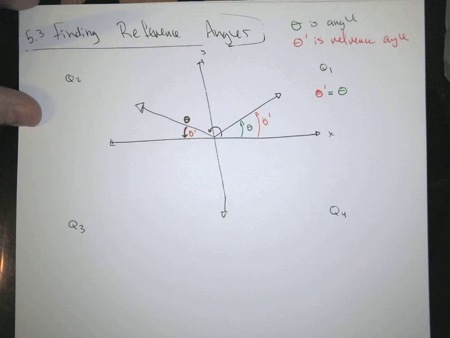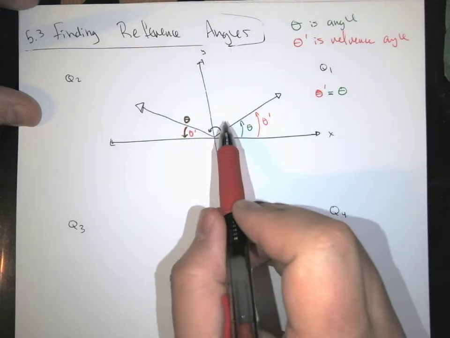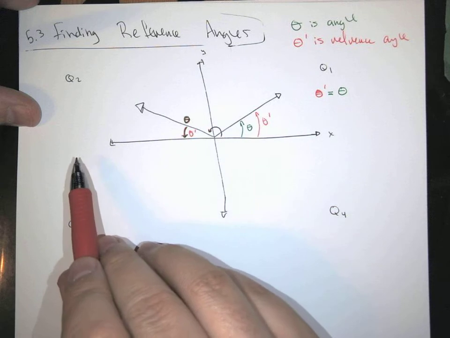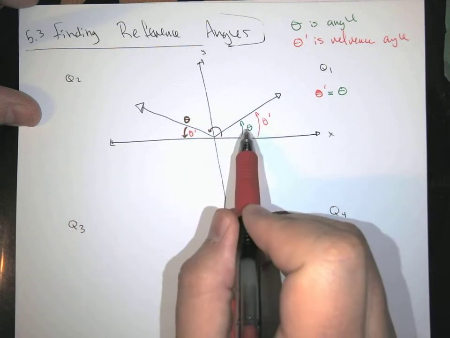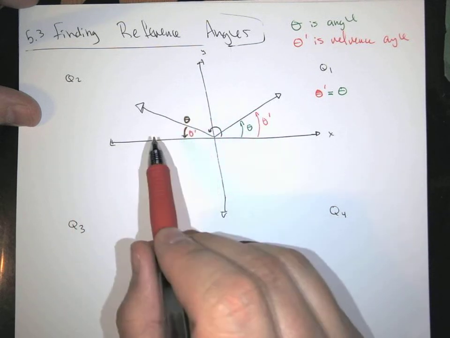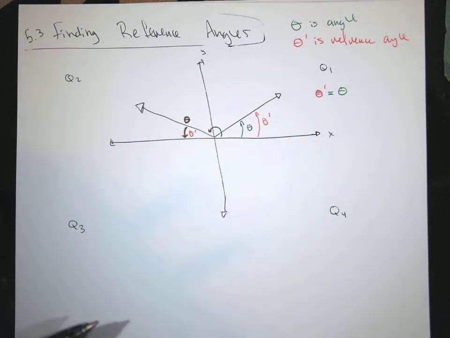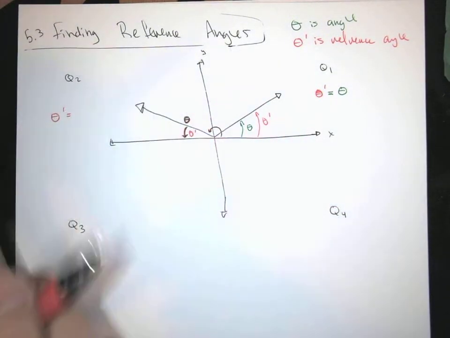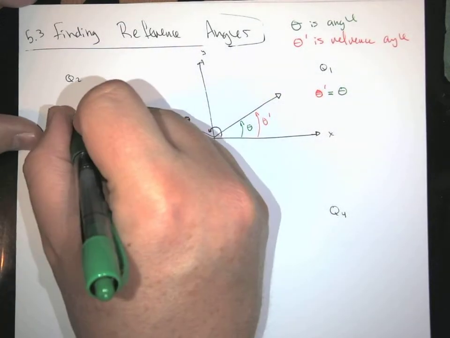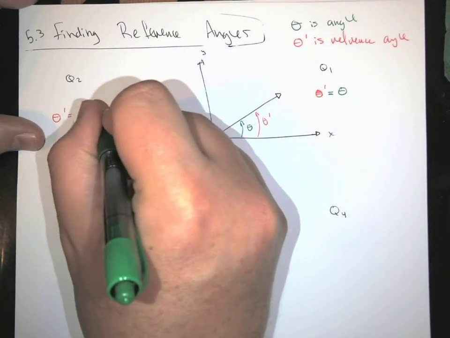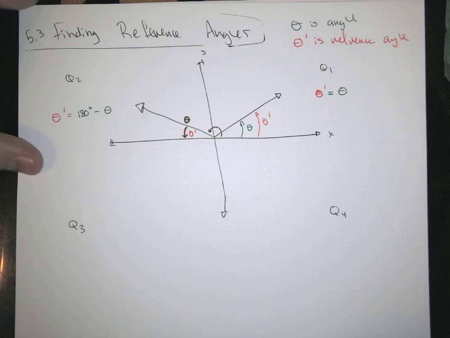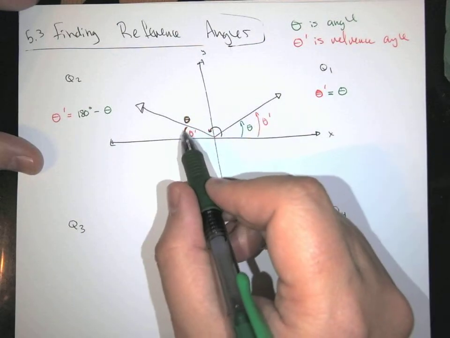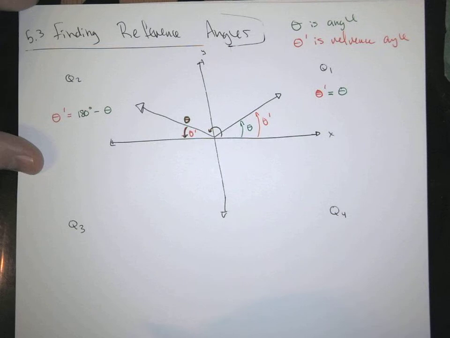So what's the connection between these two? They should add up to 180, right, because they're going to sum together to get you this straight across. So the angle itself is somewhere between 90 and 180, and then this is going to make up the difference. So to get our reference angle in quadrant 2, what you're going to need to do is take 180 degrees and subtract off whatever the original rotation is. However much your original rotation is subtracted off, you'll be left with only the reference angle.